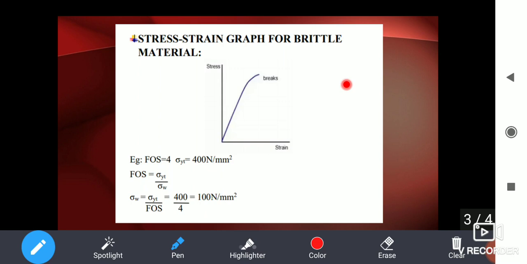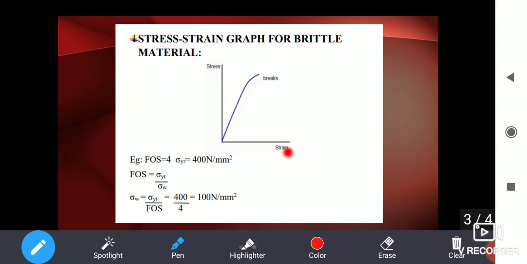In case of ductile material, they are able to flow, so the physical deformation of the ductile material is very much visible when compared to brittle material. The moment it reaches the maximum value, after that it will fail, and the behavior is visible to us very clearly.